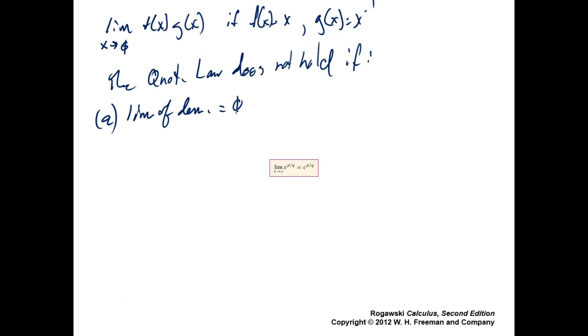Okay? B, the limit of the numerator is 0. Which of those keeps the quotient law from working?